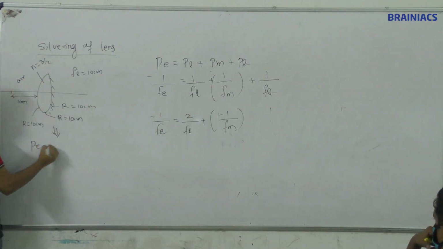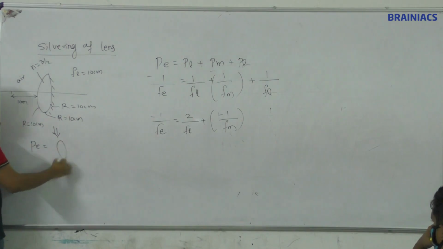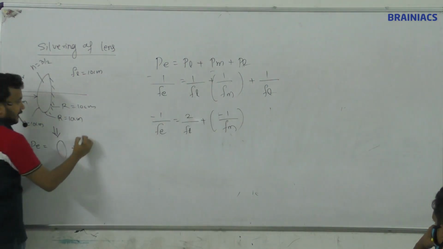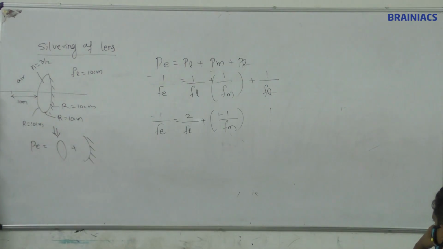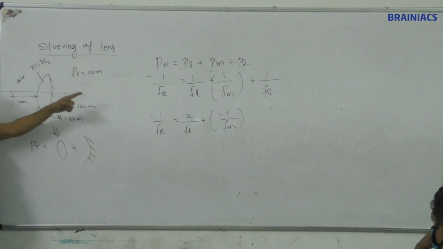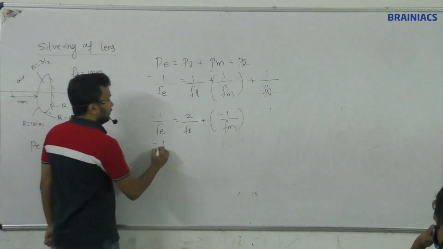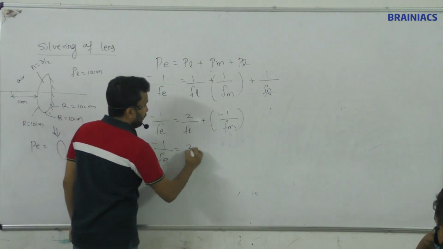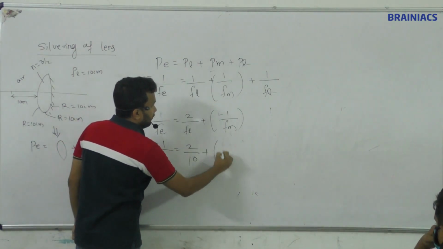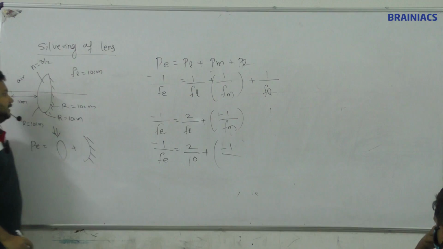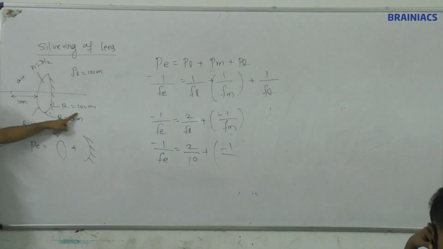So the equivalent power is equal to, what are the things that will come? First we have the convex lens, then we have the concave mirror. Correct? So again the combination will look like P lens plus P mirror plus P lens. So we'll substitute: minus 1 divided by Fe equal to 2 divided by 10 plus minus 1 divided by Fm. Radius of curvature is 10.